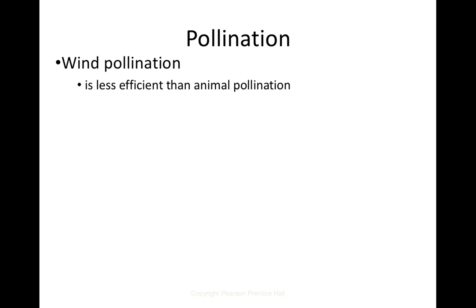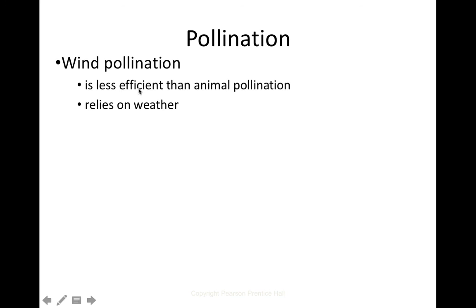All right. Lastly, I just want to go over pollination really quickly in terms of the different types. So wind pollination is something that is more common with gymnosperms. There are a couple of angiosperms that use wind pollination, but it's not usually done by them. It's mostly gymnosperms. It's not very efficient.